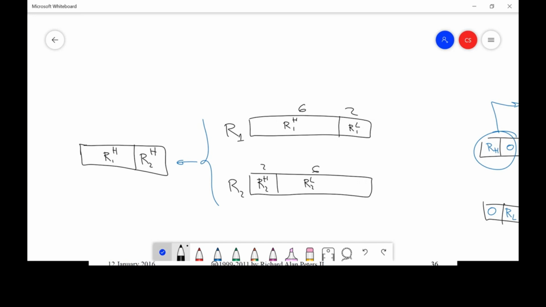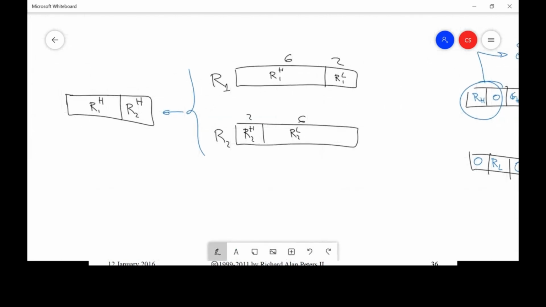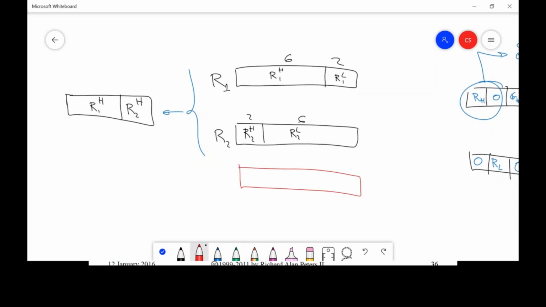So what is that operation? I want to construct something that takes this image and produces this one. That is 0 here and R2 high. What do I have to do? Shift right 6 bits.